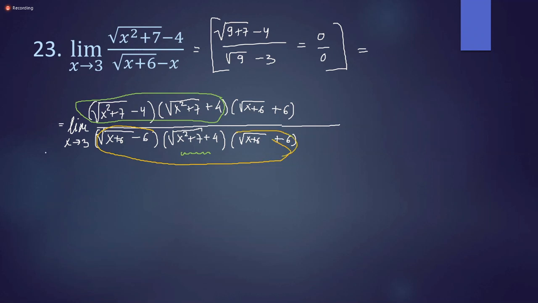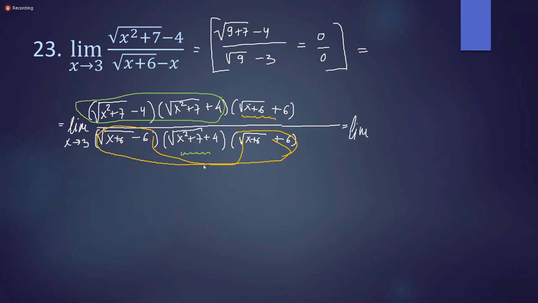These taken together, and this will remain as it is. It's not a bad thing that it remains as it is, because when we put in the x value 3, it will not be equal to 0. We will be able to compute the value of the expression. That's why we never open the parentheses where it is unnecessary, only where it is extremely necessary for the sake of the limit.